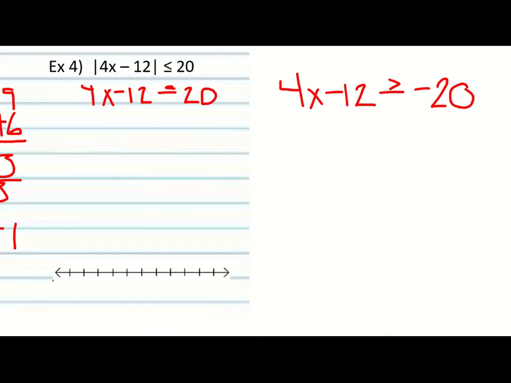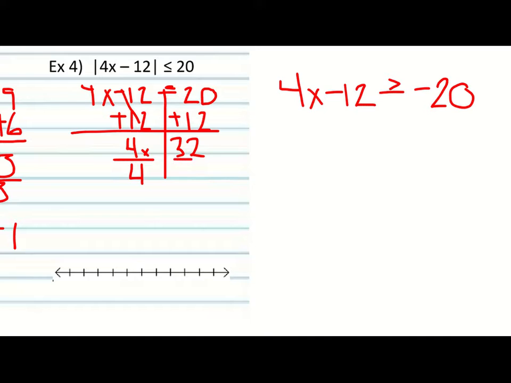And then solve each inequality. So we're going to add 12 to both sides. So we'll have 4x with 32. And then divide by 4. So we have x is less than or equal to 8.